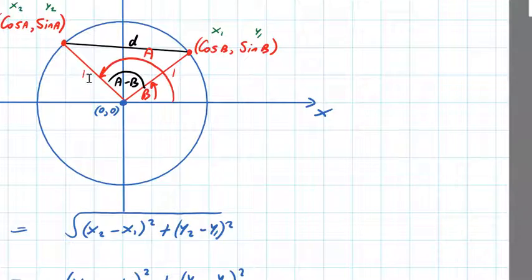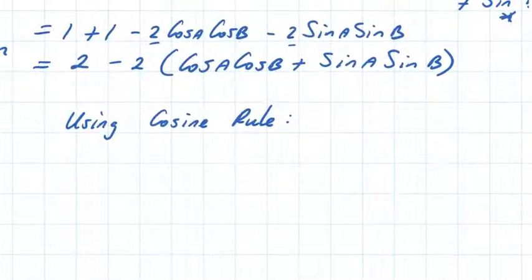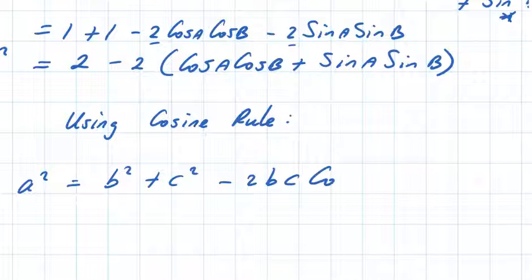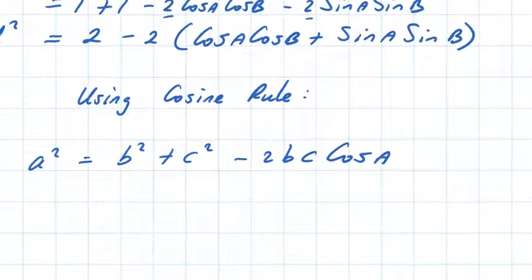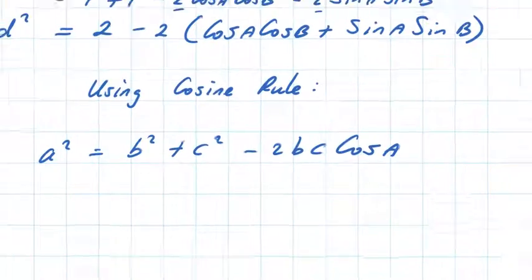If we write down the cosine rule first maybe, a squared is equal to b squared plus c squared minus 2bc cosine of A. So there's the cosine rule that we have proved previously. We'll fit it in for this particular triangle.